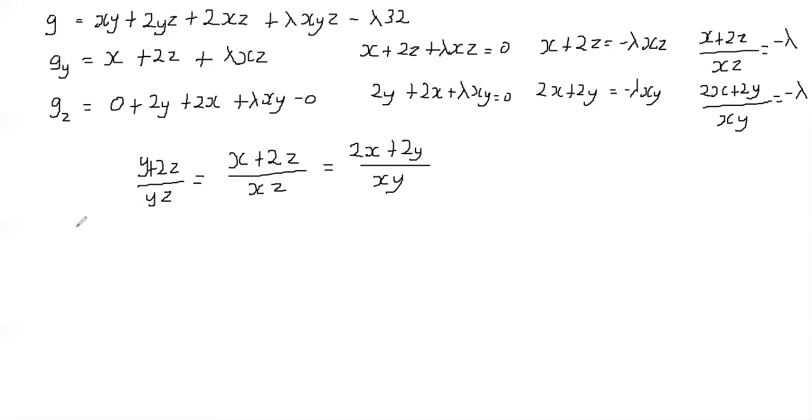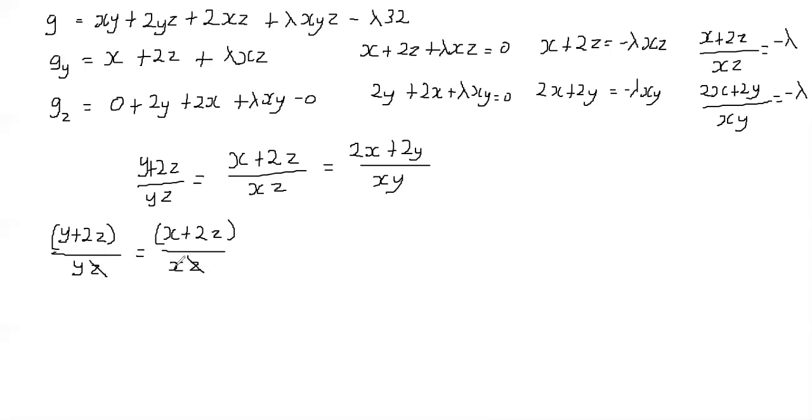What are the first two equations? Y plus 2z, just make a bracket, it will be convenient for you, divided by yz, that is equal to x plus 2z divided by xz. So we have a z here, we can cancel it out.